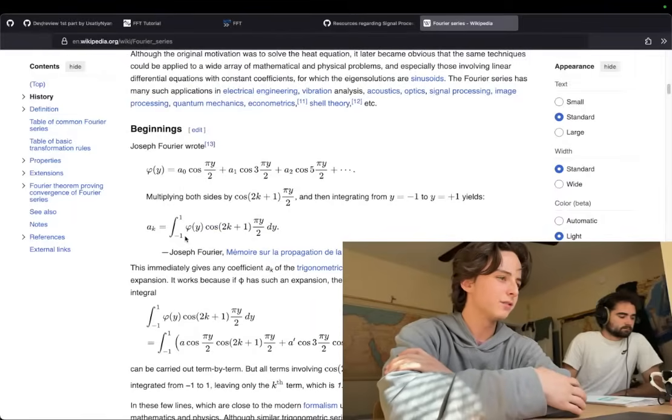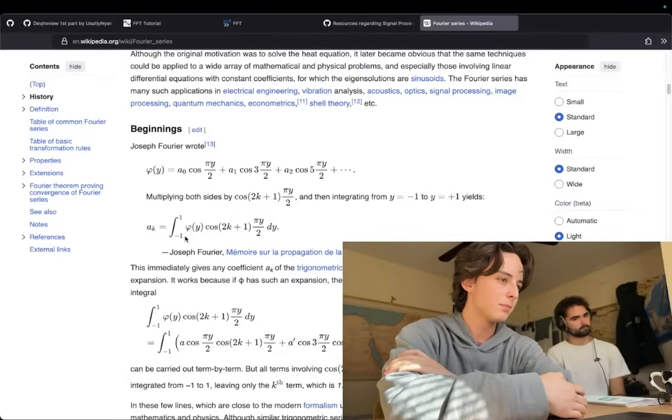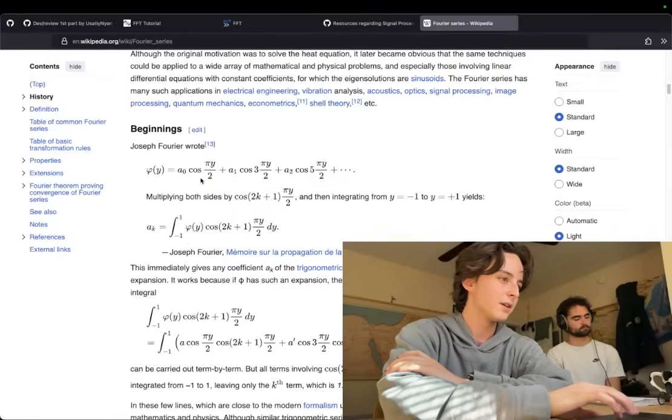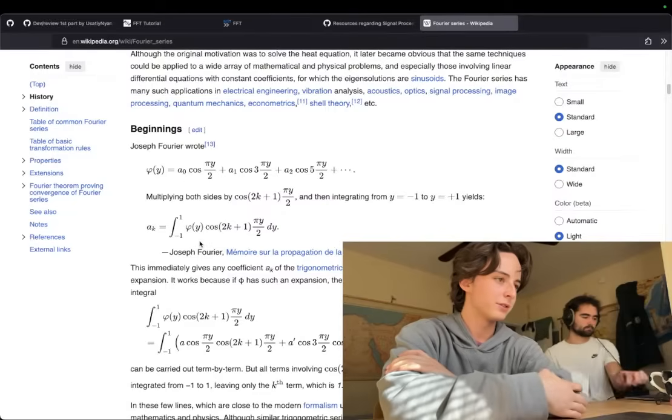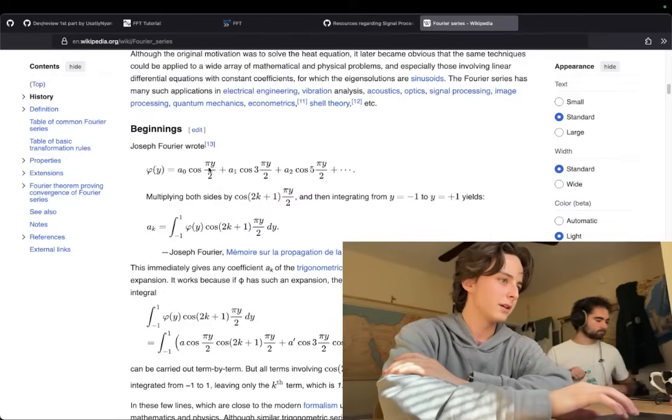Yeah, I kind of vaguely remember this, I think we covered it in Calc 2. So it's defined as some constant term, A1, times, and it's all cosines, and then it's the cosine of pi y over 2.